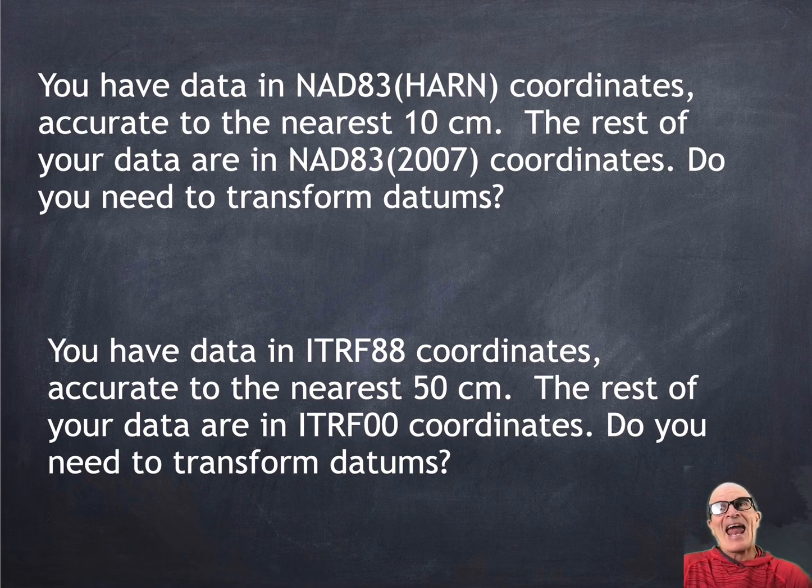It's a bad habit of people that know their data well and have worked with it a lot to not do a datum transformation, even if the data are in different datums. The reason they do that is because it doesn't make a difference. The datum transformation difference, let's say from the HARN to the 2007, might be only 10 centimeters, but if their data are only accurate to the nearest 5 meters, who cares?